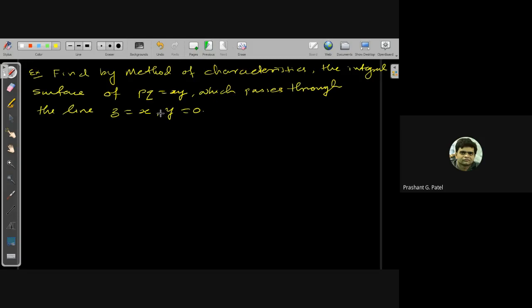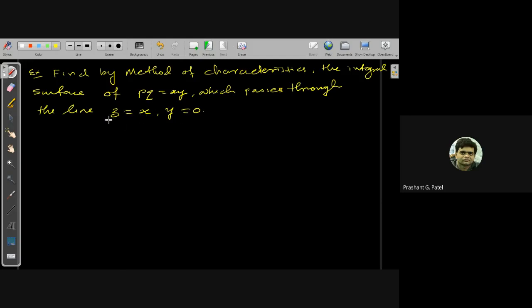So first of all, as per this method, the Cauchy method, we need to find out what the initial strip will be. And for that, we need to have the initial data in parametric form. This is given in Cartesian form.